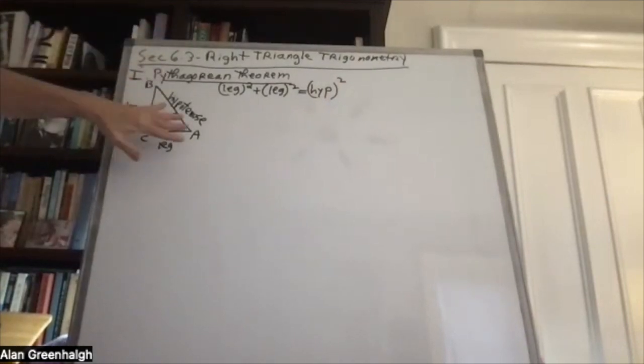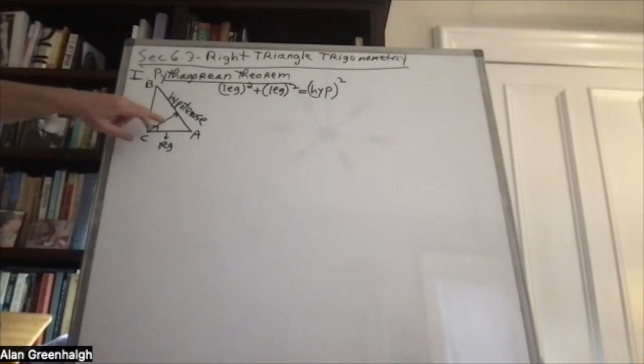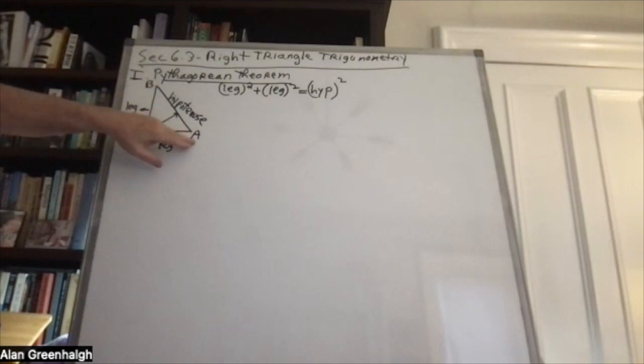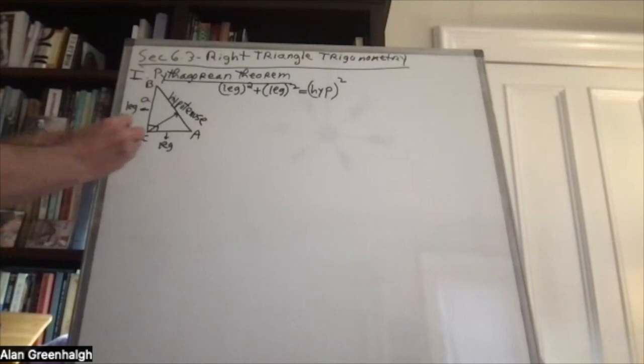Now, the angles of a right triangle, or any triangle, are indicated by capital letters. The sides are sometimes indicated by lowercase letters, and the side opposite the capital A angle can be written as little a.